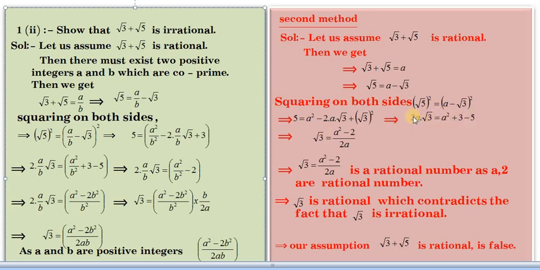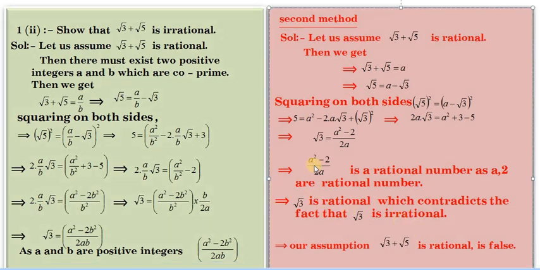Now you take this 2a to the right side, it becomes the denominator. So after simplification we get this form: root 3 is equal to a square minus 2 by 2a. Now if you just observe here, a square minus 2 by 2a, a is an integer, 2 is an integer, so the resultant term a square minus 2 by 2a is a rational number.